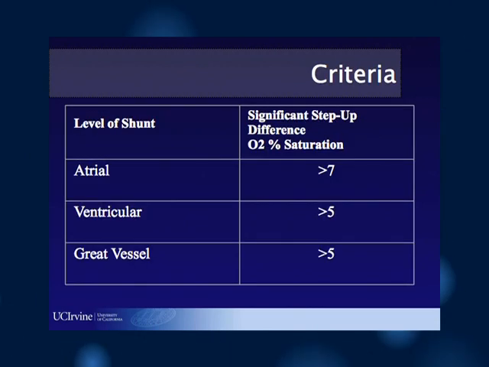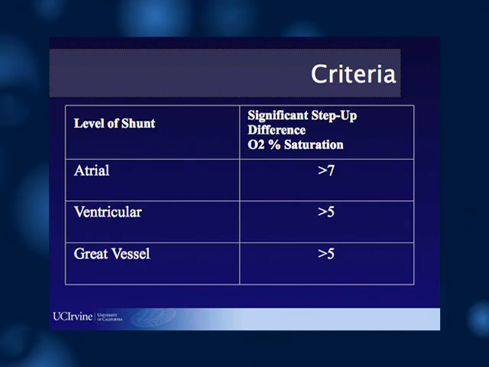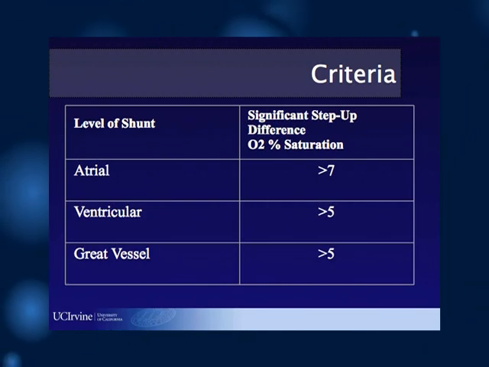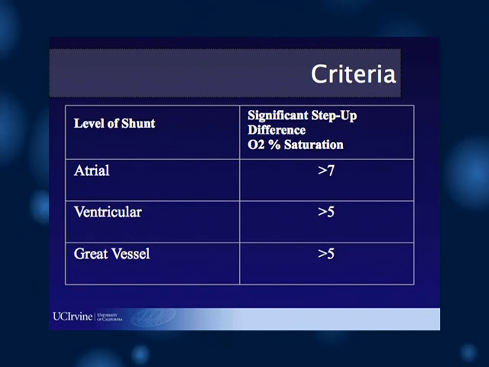The criteria of oxygen step-up are listed here, and for each level of the shunt occurring at either the atrial level, ventricular level, or great vessel level, the significant step-up difference in oxygen saturation is shown as greater than 7%, greater than 5%, and again for great vessel, greater than 5% difference between the proximal chambers and the distal chambers.